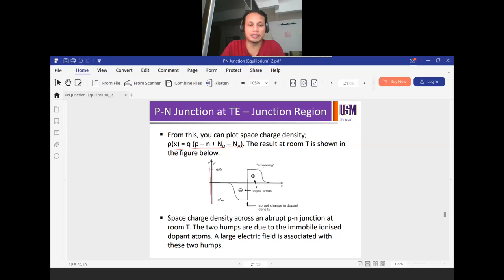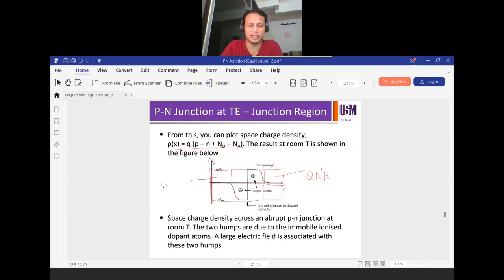The y-axis is the charge, the x-axis is the distance across the PN junction, right? If you want to put the whole block of the PN junction, it will look something like this. If you draw a border here, this region and this region is the quasi-neutral region, not the depletion region.